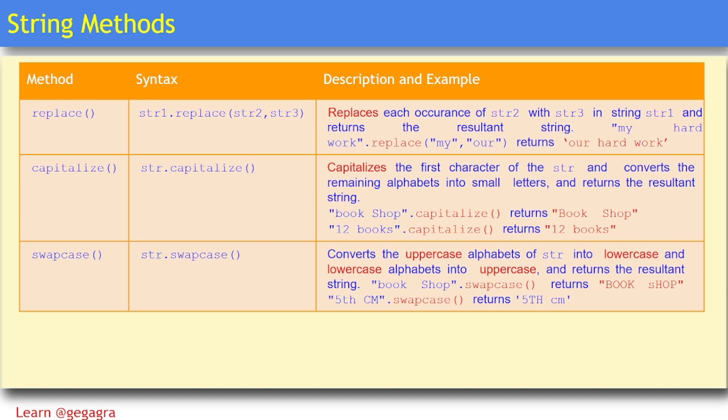Now we move to capitalize. It will capitalize the first letter of the sentence or the string, and the first letters of the rest of the words will be in small. This is the property of capitalize.